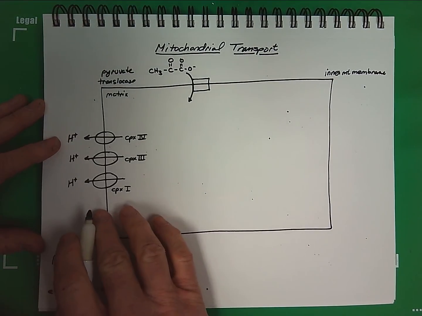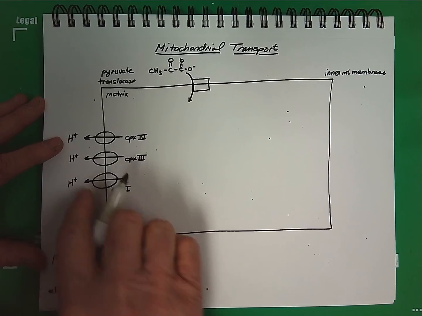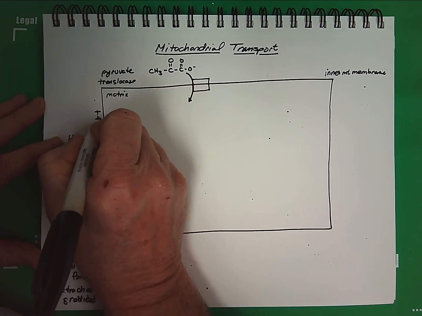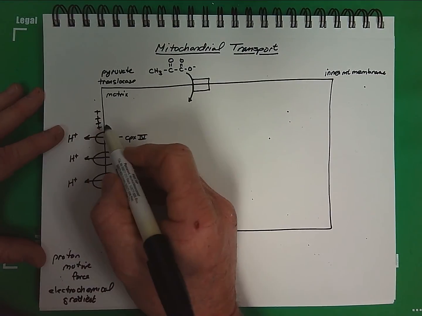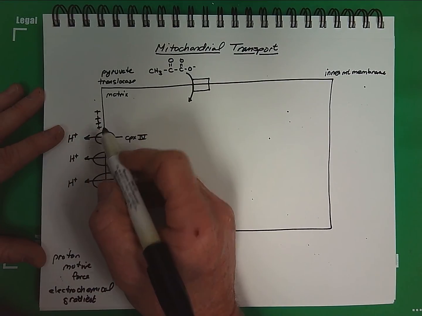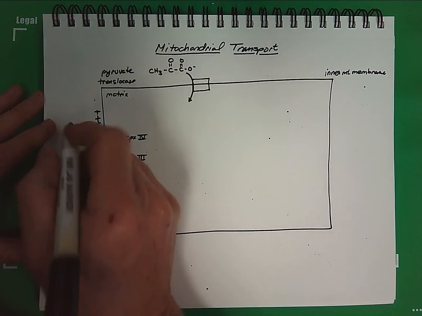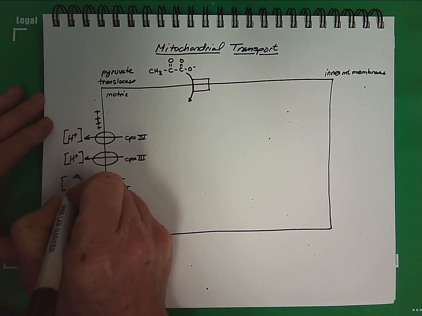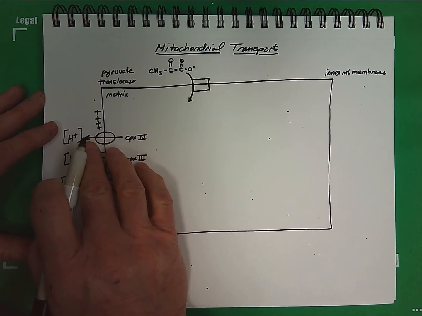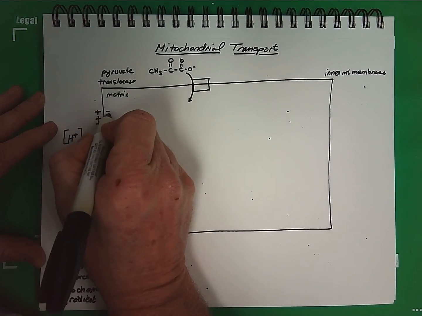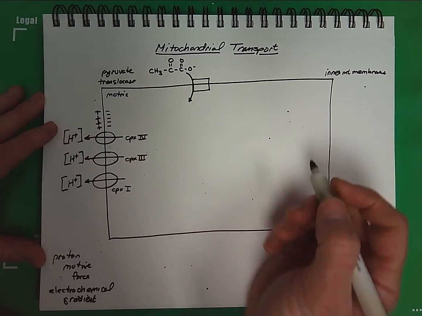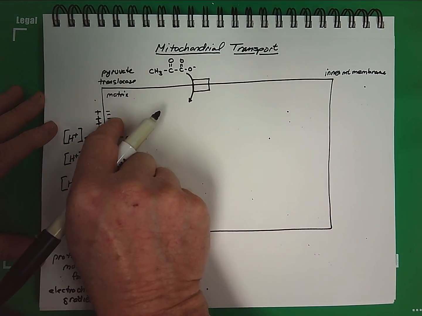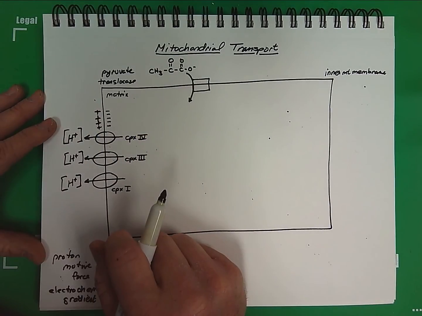It is an electrical gradient because we have sufficient positive charge on the outside of the inner mitochondrial membrane, because the protons are positively charged and we have a relatively high concentration of them out here. And of course, because you're moving charge, that's going to cause a charge displacement. And so the inside of the inner mitochondrial membrane will be slightly negative relative to the outside.